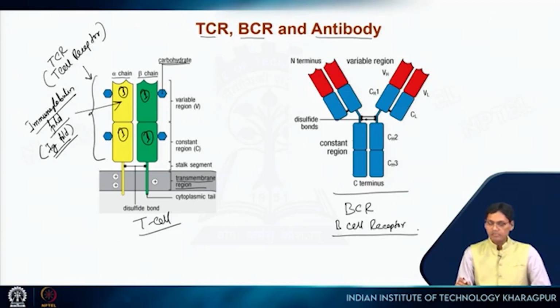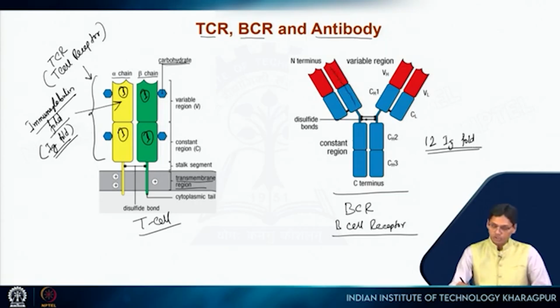Here, as you can see, you have multiple immunoglobulin folds present in this antibody. How many? This is a specific type of antibody called IgG. There are different classes of antibody, which I will discuss a little later. Here in this case, 12 Ig folds are present.